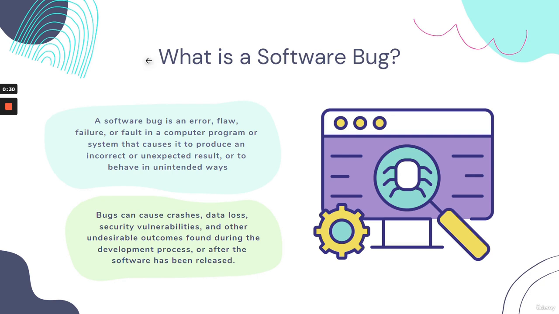Bugs can cause crashes, data loss, security vulnerabilities, and other undesirable outcomes found during the development process or at risk of occurring after the software has been released, which can be devastating.